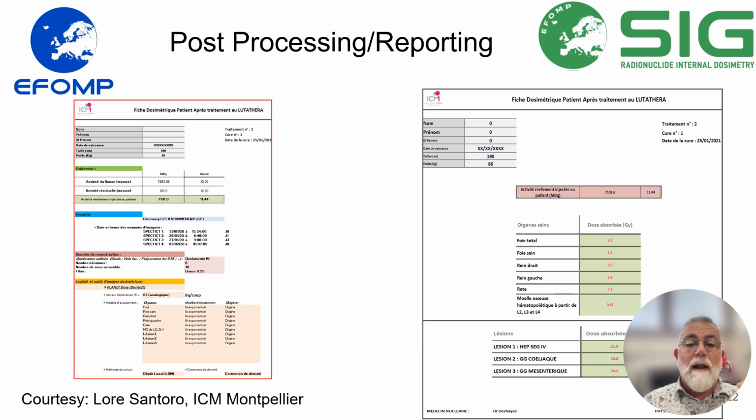And then to the left, you've got the physicist report. And you've got much more information about calibration, how calibration was done, when it was done, the kind of fit, is it mono, bi-exponential, etc., the goodness of a fit. So all this information is important to ensure traceability and reproducibility. Everything should be documented, everything should be stored for every single patient.